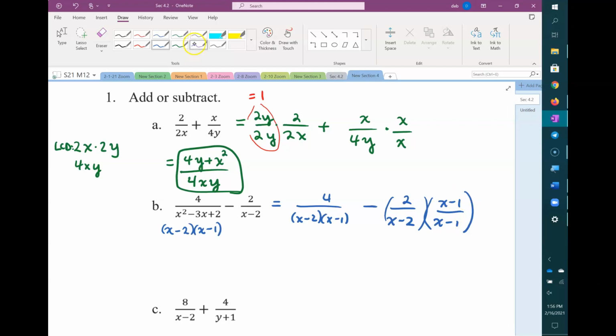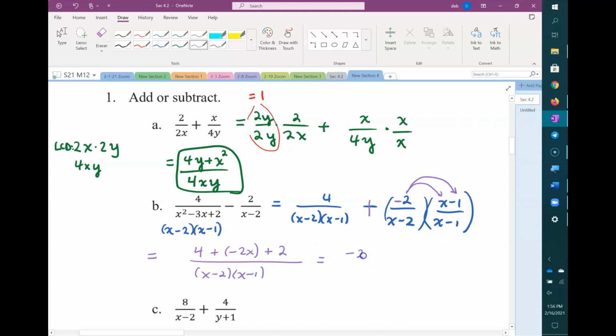Hopefully you've developed some strategy for doing this distribute. Some people put a plus and a minus to remind themselves they're distributing -2. So I have 4 plus -2x plus 2 over my denominator, x minus 2, x minus 1. So I'd have -2x plus 6 over x minus 2, x minus 1.